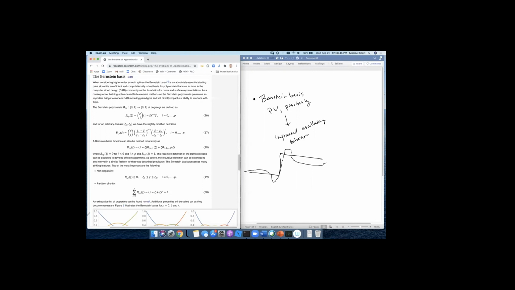I would say that having those two properties does allow, from a designer point of view, more control over those oscillations, in that you have that convex hull and you can bound things better. Yeah.